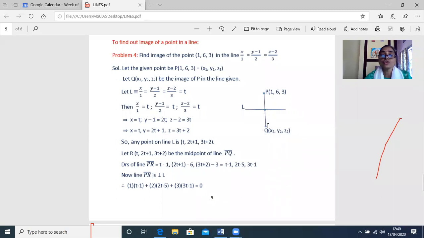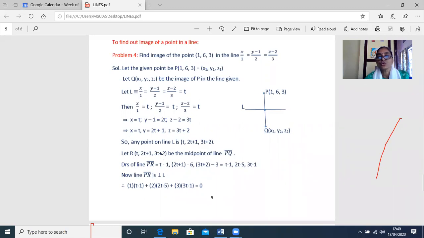Now you are going to find the DRs of the line PQ. When you know two points, by writing the difference of x coordinates, difference of y coordinates, difference of z coordinates, you will get the DRs of the line PQ. So now I'm finding the DRs of the line PQ or PR. Both mean the same because R is also lying on the line PQ. So the DRs of line PR are the differences of the coordinates.